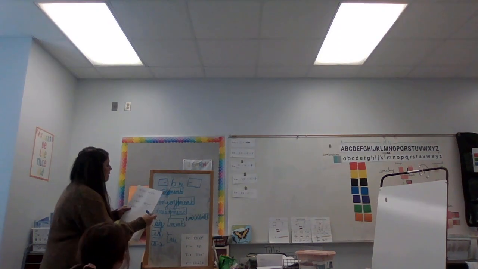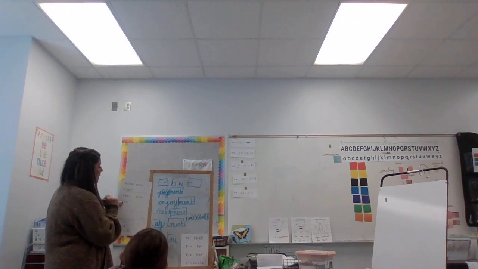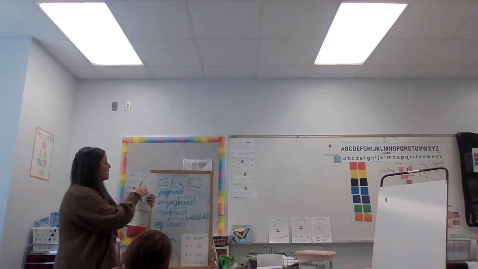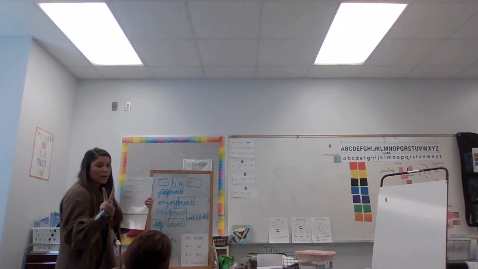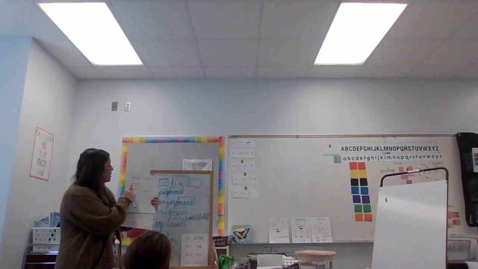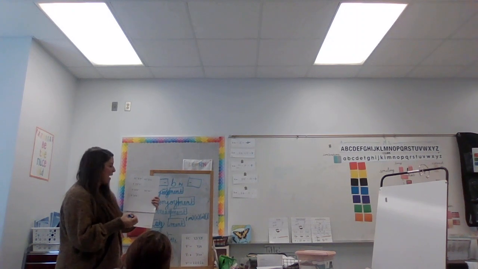So we know the most common way to divide a VCCV pattern is to divide between the first 2 consonants and accent the first syllable. Second most common way is divide between the consonants and the accent is on the second syllable. Third most common way is to divide between the first vowel and the first consonant and accent the first vowel.